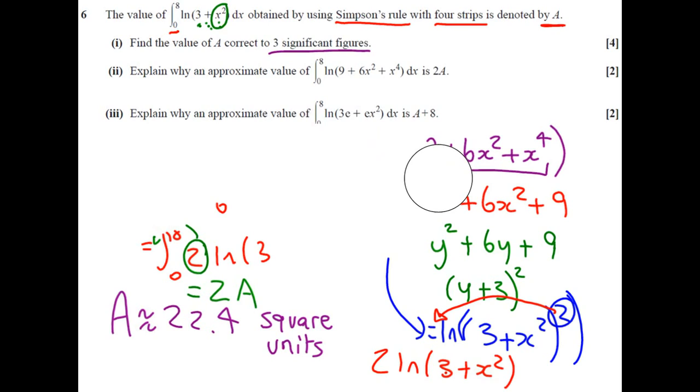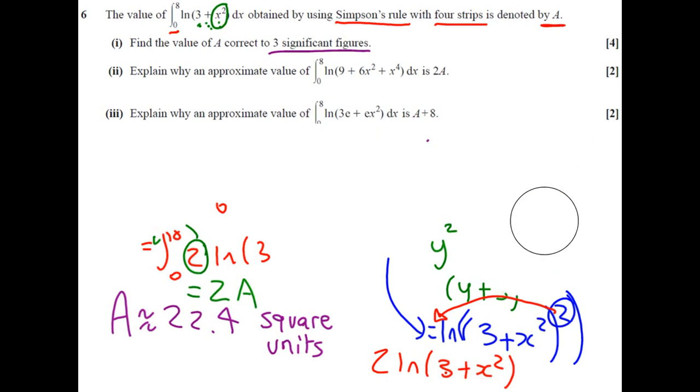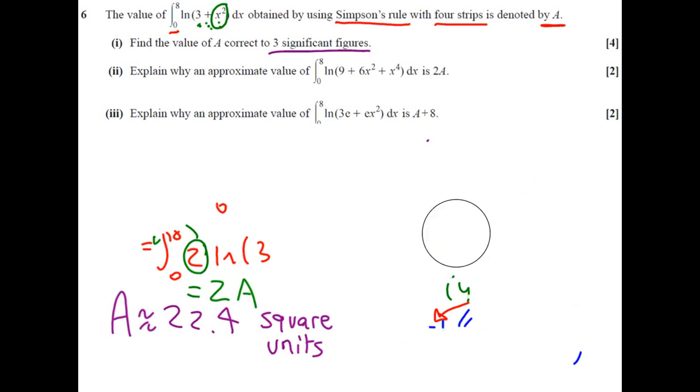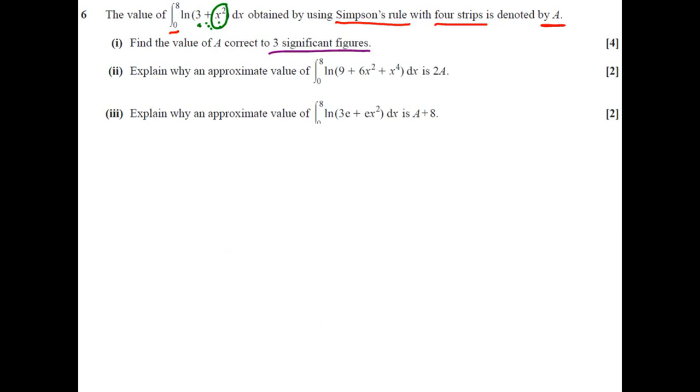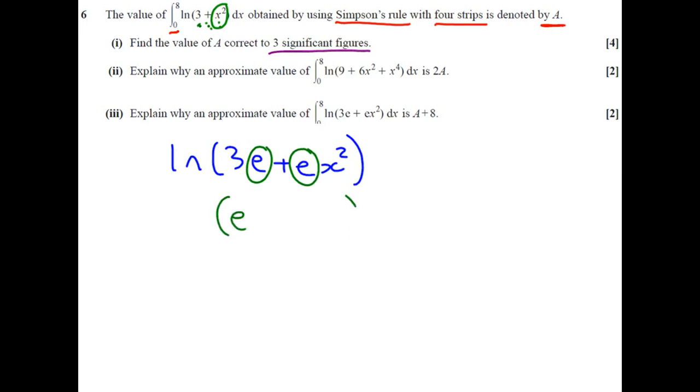Be thinking about how you can use log laws to write this differently. So ln of 3e plus e times x squared. You should notice that e is a common factor here, so we can factorize out e, and we're going to get e times (3 plus x squared).